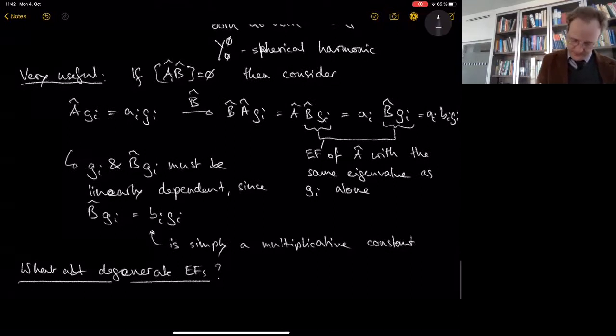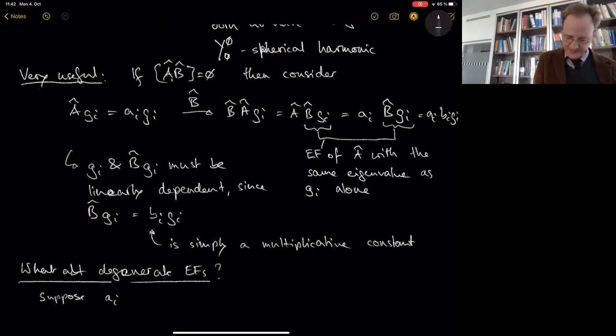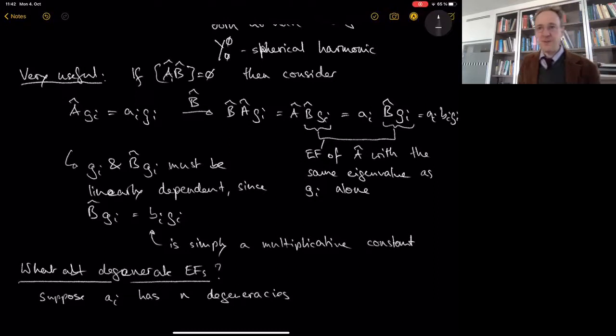So suppose AI has n degeneracies. Okay, means there are n eigenfunctions which all spit out the same eigenvalue AI.